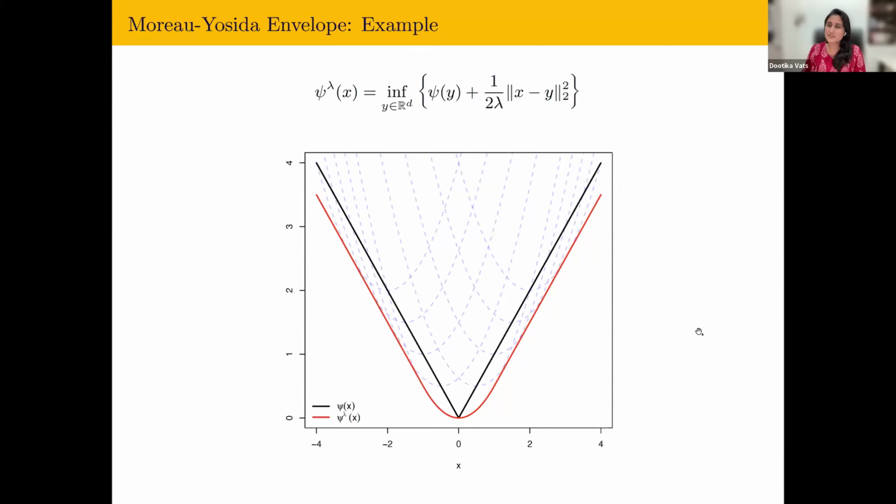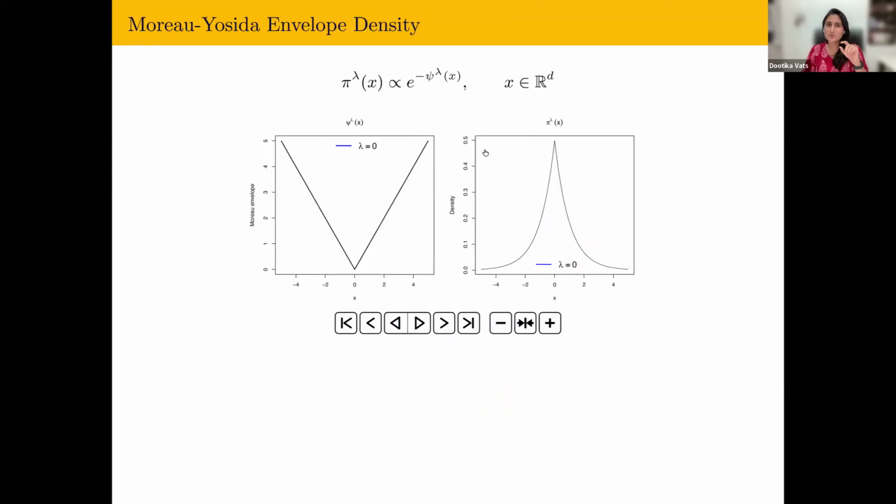Okay. But then what's very interesting, you can notice psi lambda x is actually always below psi of x. And this is really the feature we're going to be employing: now that I have a psi lambda x, I can exponentiate it and write it down as pi lambda x proportional to e to the power minus psi lambda x. So for example, lambda equals 0 actually corresponds to my original psi of x, and I have the corresponding pi lambda x, which is just the Laplace density.